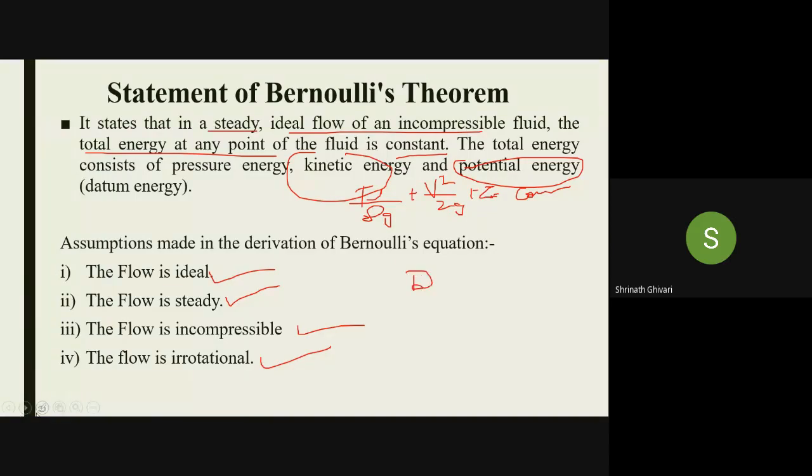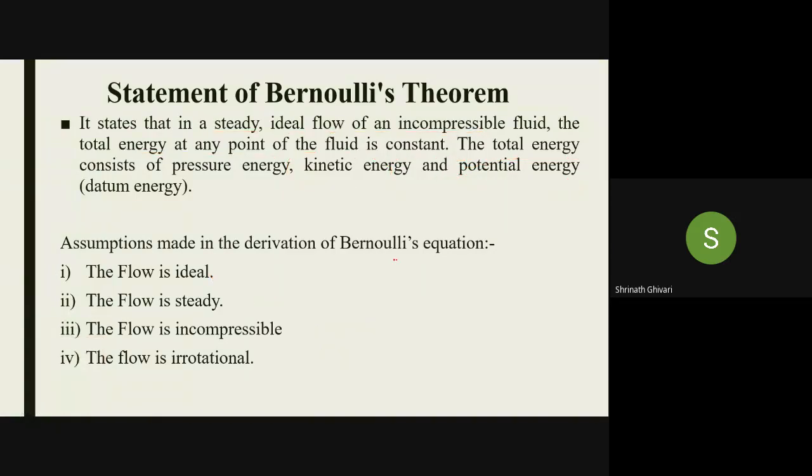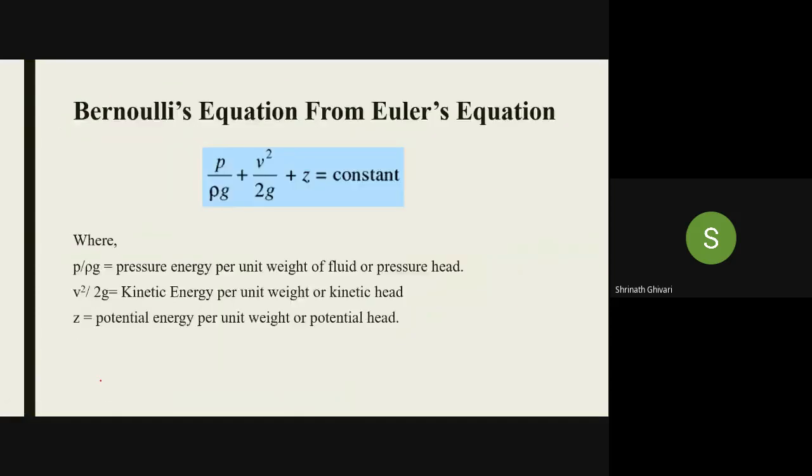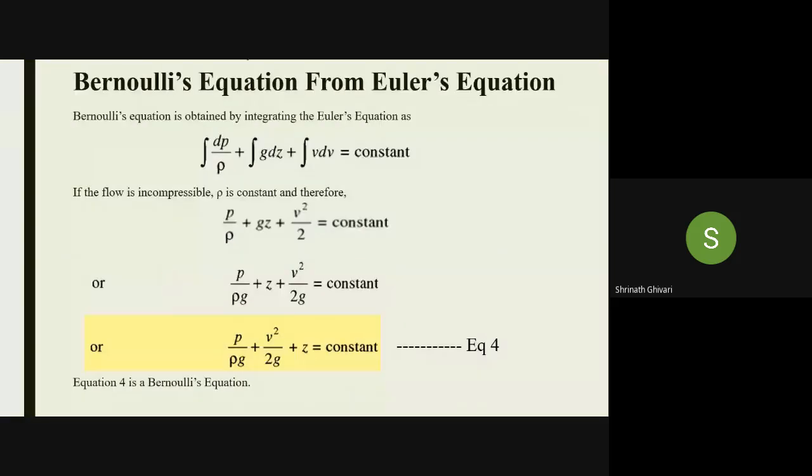The questions will be like this in the exam: state Bernoulli's theorem, give the assumptions made for deriving the Bernoulli's equation, and derive the equation. So you have to start from the beginning. It doesn't mean that if they have asked for Bernoulli's equation, you directly start by writing the Euler's equation.